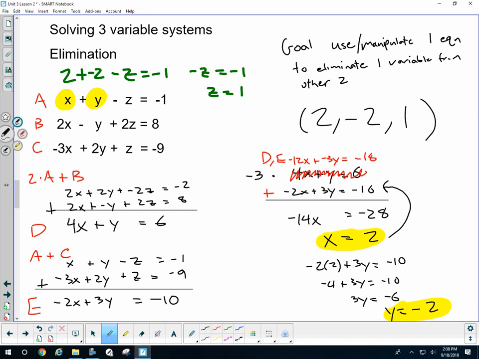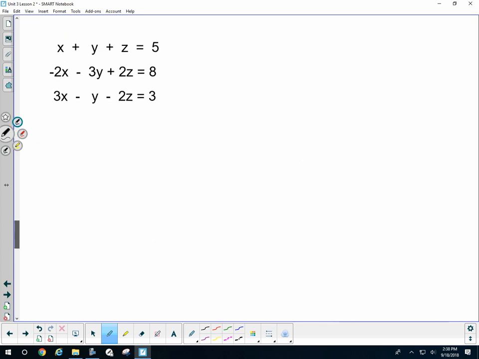Different, but it worked. Your turn. Do this problem and then you can. Use one equation to eliminate a variable from the other two.